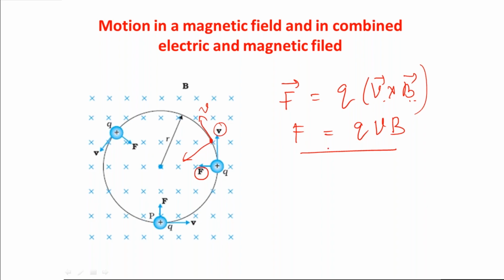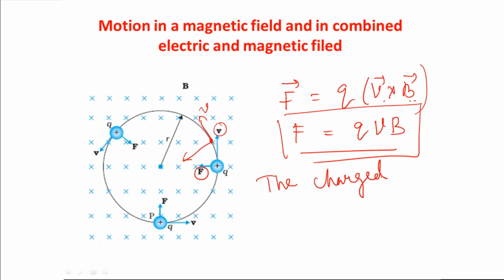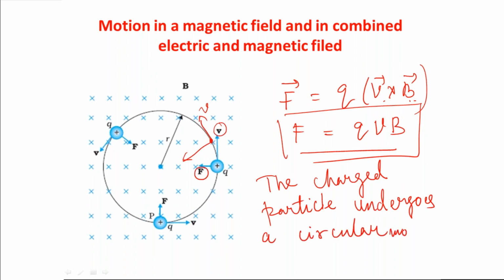Okay, so in this case, this magnetic force on this charged particle will be acting as centripetal force, and hence the charged particle undergoes circular motion.